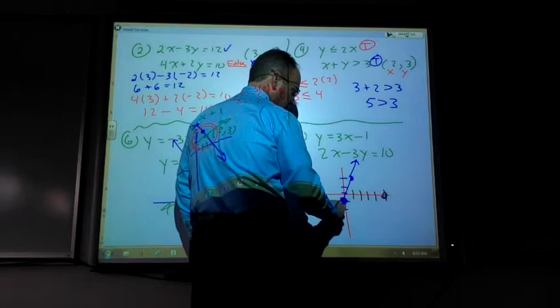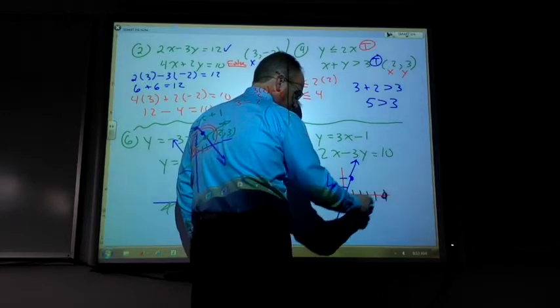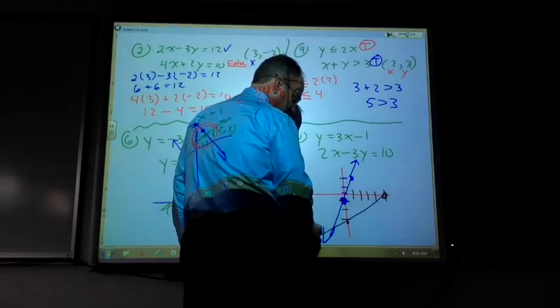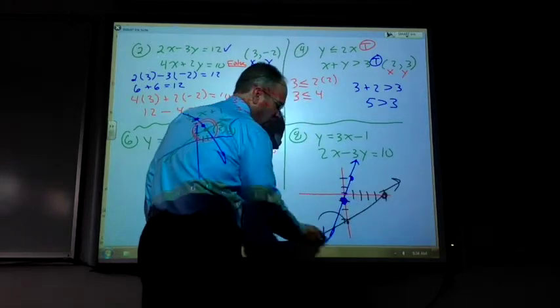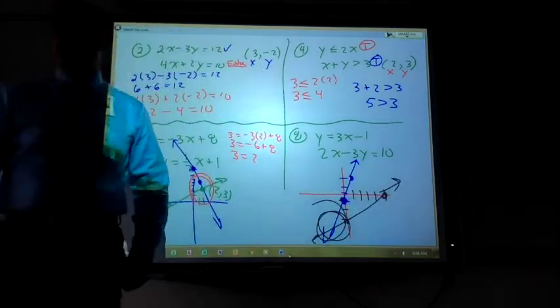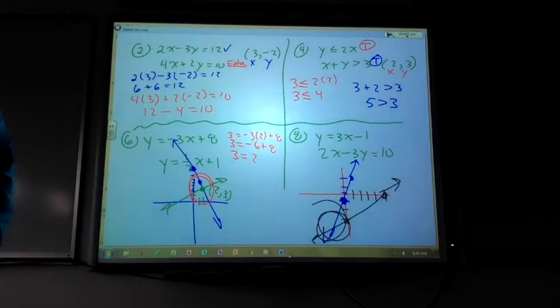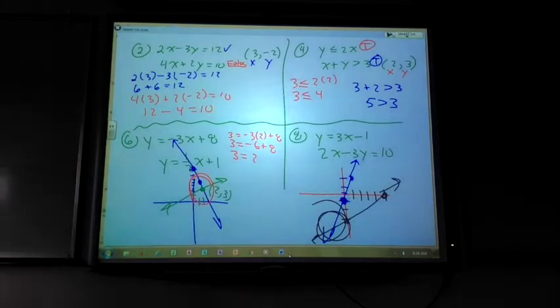Negative 1, negative 2, negative 3 1/3. Oh, yuck. So it crosses about there. Do I know what it's at? Again, if we had the exact point. Did you get the exact point? No. Okay, but you'd be able to find it, hopefully, if you were a neater grapher than I.